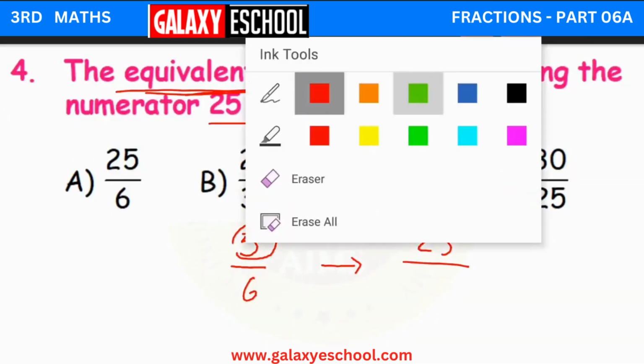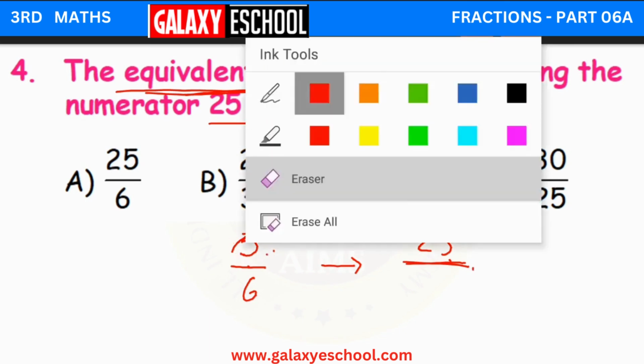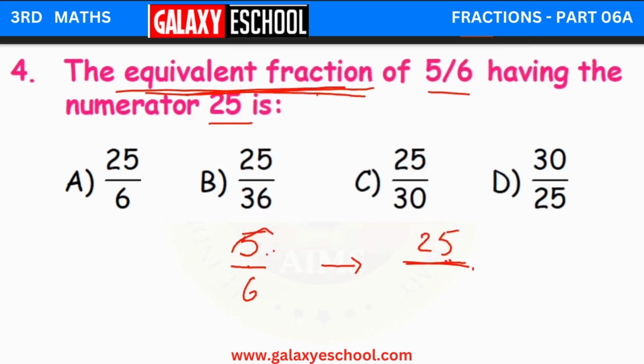Okay, now here what are they saying? We need to get 25 in the numerator. We are having 5, but we need to get 25. So what should we do? Should we multiply 5 with something to get 25, or should we divide 5 to get 25, children? We should multiply. Yes, 5 5s are 25.